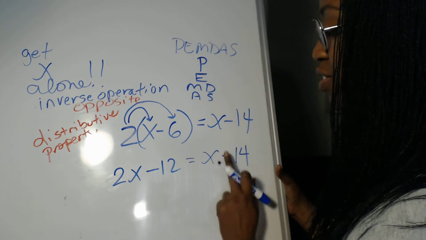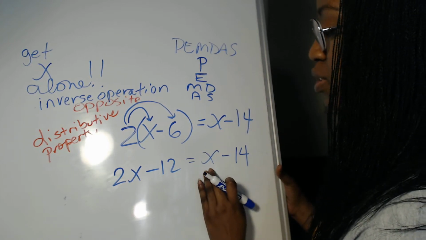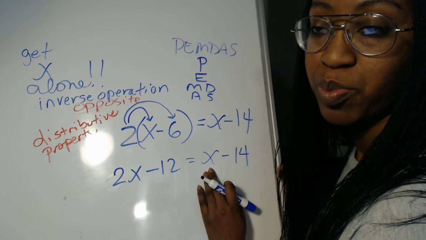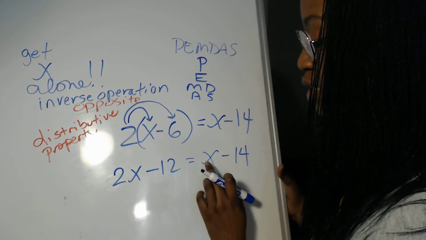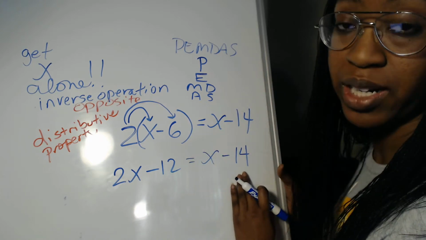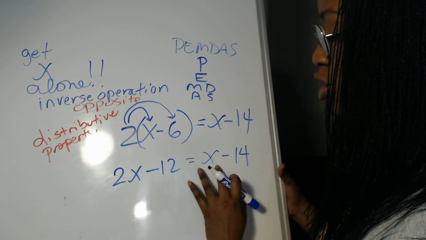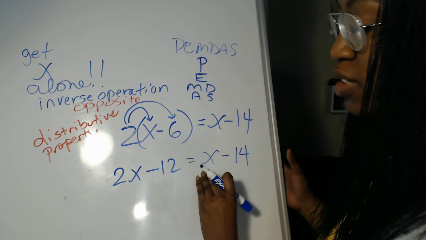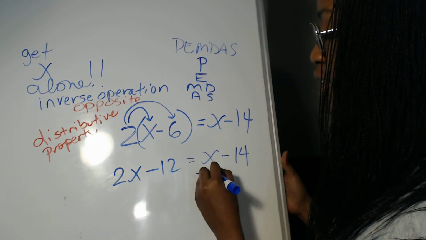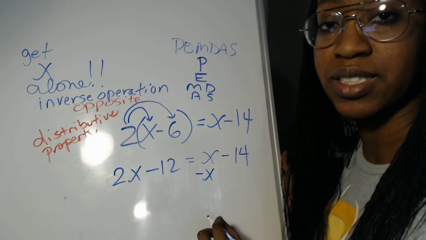I don't like that guy over there. What is the opposite of a positive x? Because this positive x is being subtracted by this 14. So what's the opposite of a positive x? The opposite of a positive x is a negative x, or we also call it minus x.